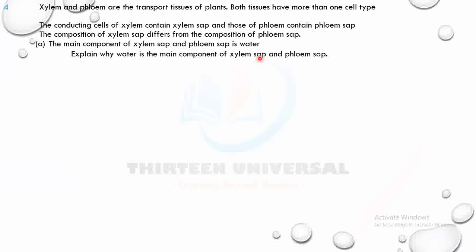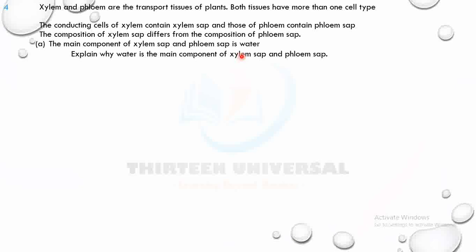So water is the main component of phloem sap. Why? I want you to pause the video and try to solve it. Due to adhesion, or due to cohesion between water molecules, like I've explained in the previous question, water helps to form a continuous column, which helps in water transport.